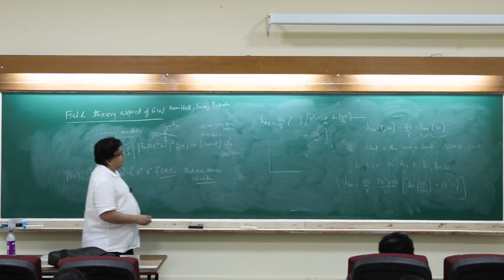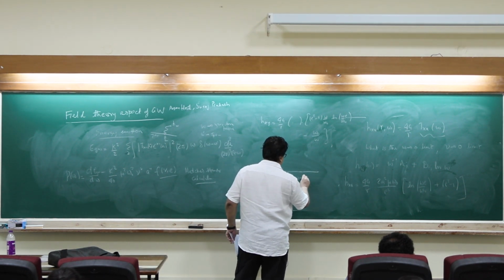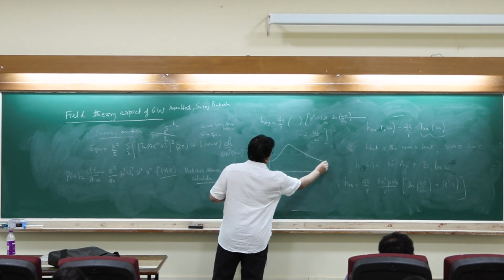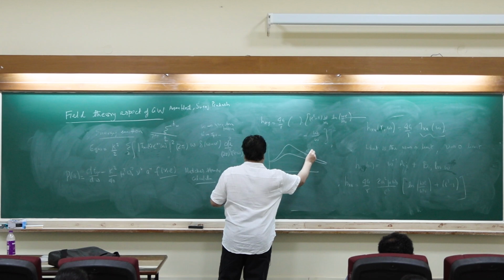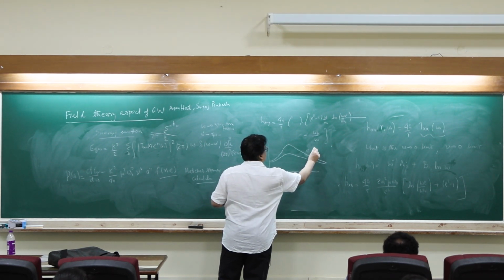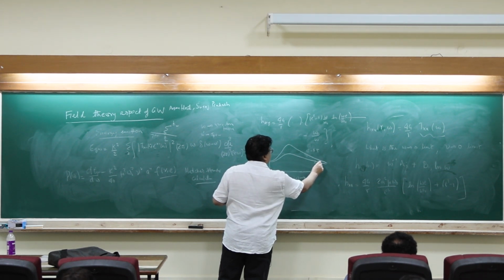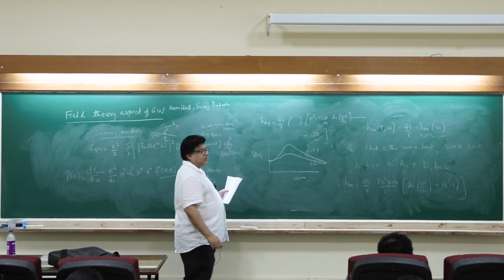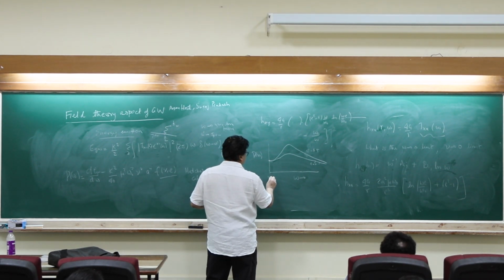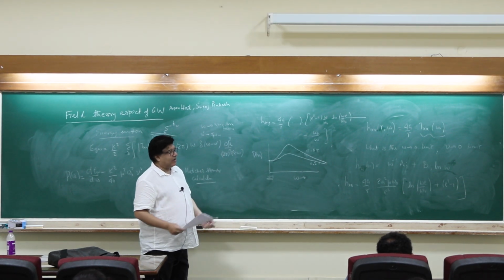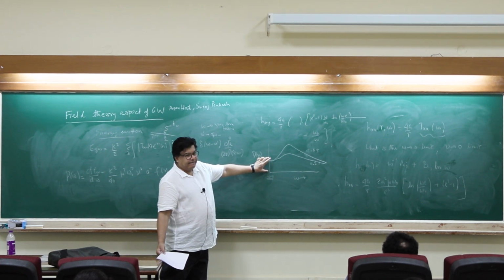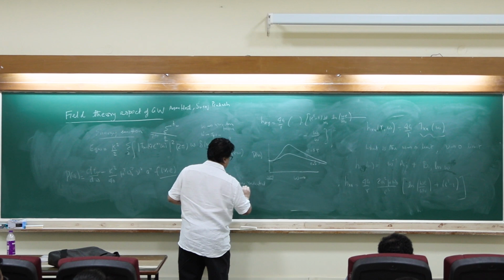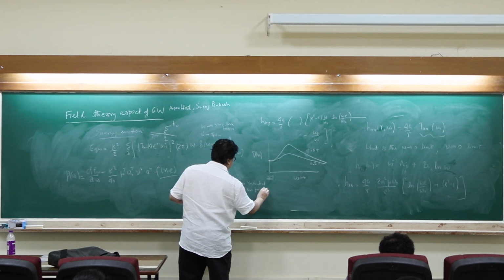I want to plot power as a function of frequency, and I get something depending upon E, the eccentricity, say 1.8, 1, etc. Notice that at omega equal to 0, the power radiated at zero frequency is actually not zero.